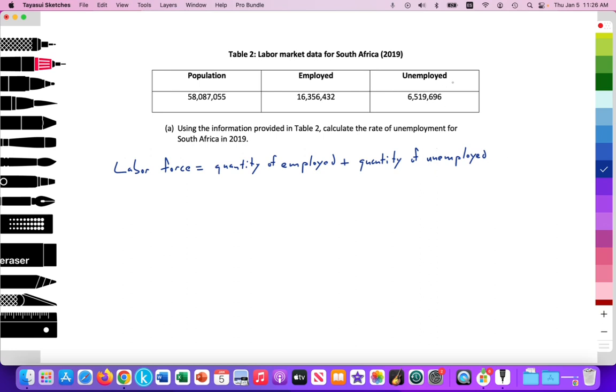Unemployed are those that are actively looking for work but unable to find work. We're not looking at discouraged workers. So we have this formula.